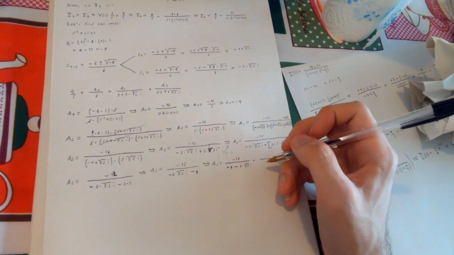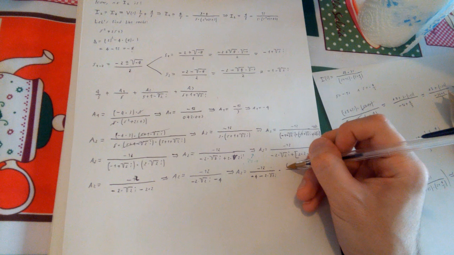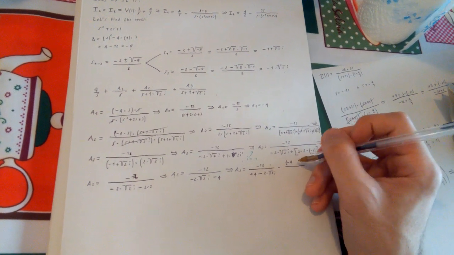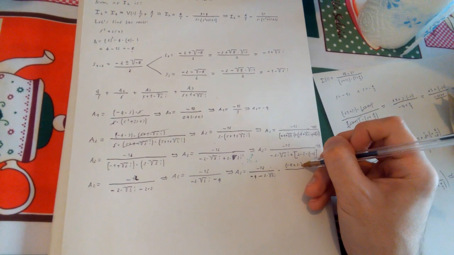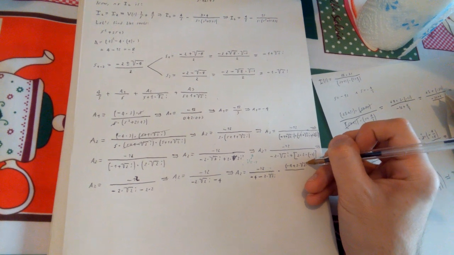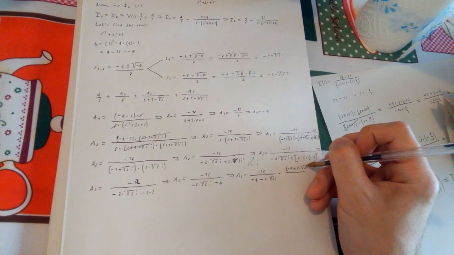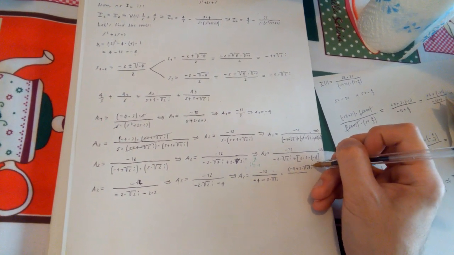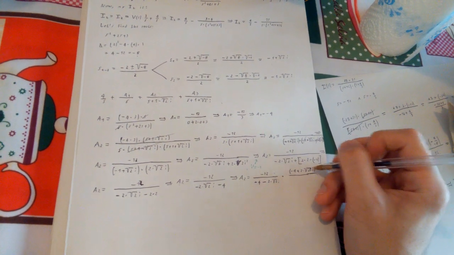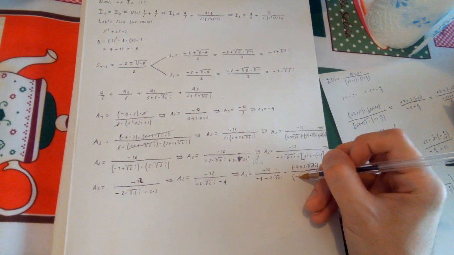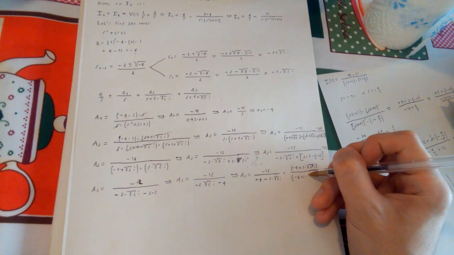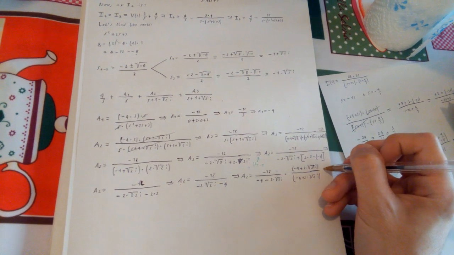So -4 plus 2 times the square root of 2i, or 2, sorry, i, which is outside the square root, -4 plus 2 times the square root of 2i.